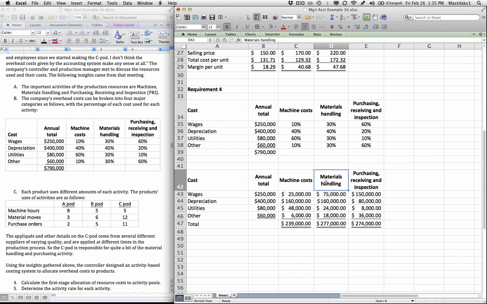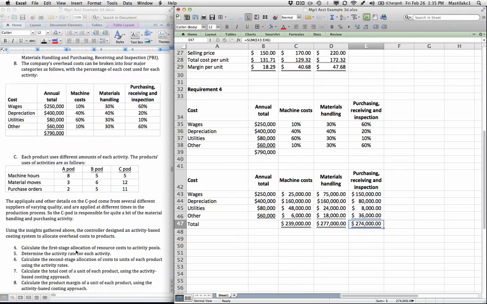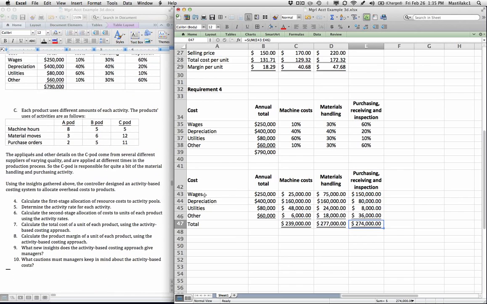And all of these things that relate to materials handling activities total $277,000. And all of my costs that relate to purchasing, receiving, and inspection total $274,000. So that is our first stage allocation of taking our resource costs and putting them into cost pools.